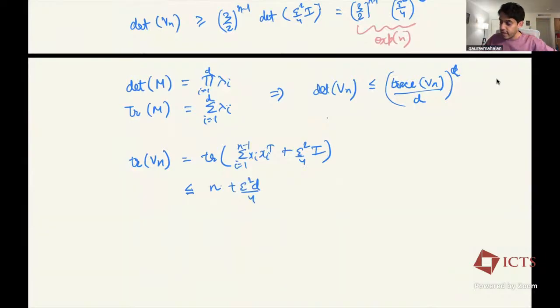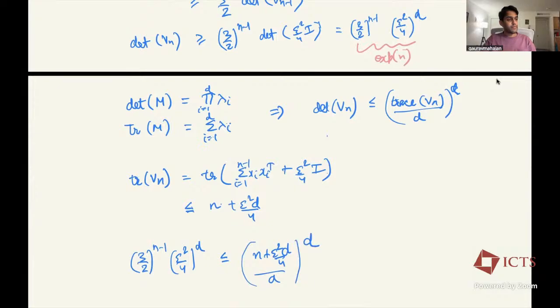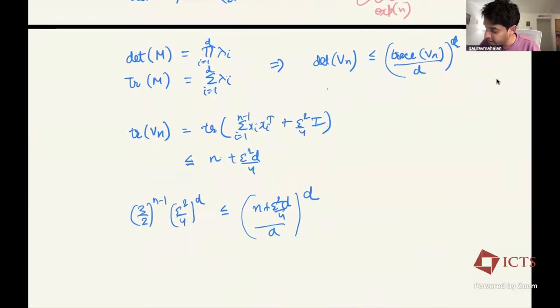Right. And so what we're basically getting by using these equations is that this determinant should be less than n plus epsilon squared d over 4, divided by d, to the power d. Okay, and so this is some polynomial, and then this is something exponential in n.